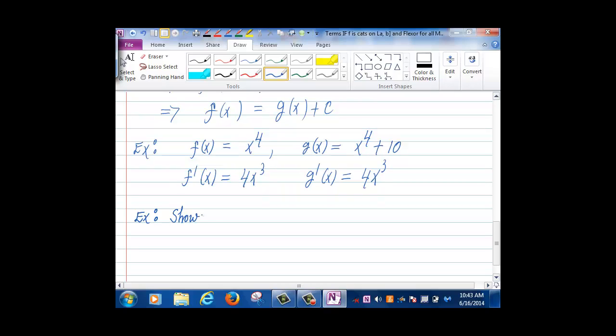So next question is show that the equation x cubed minus 15x plus 8 equals 0 has at most one root in the interval between -2 and 2.